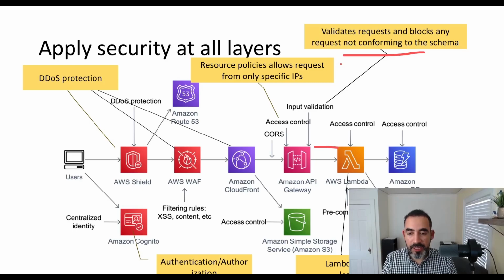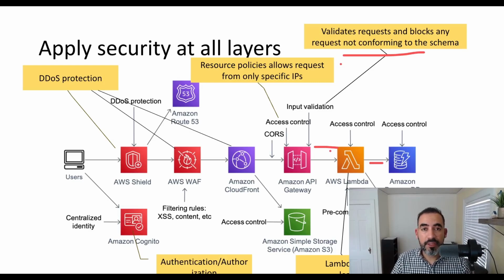When Lambda executes, Lambda's role only has the least privilege access required to perform its task. It is doing something with DynamoDB. Let's suppose you are looking up orders. In this case, the role for the Lambda function is only going to have get or read access, whatever the IAM action name is, on the specific DynamoDB table that is being queried.